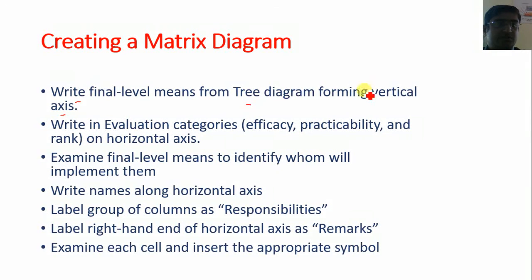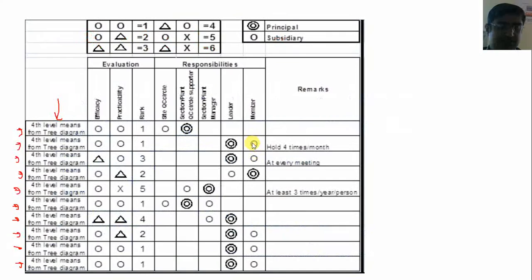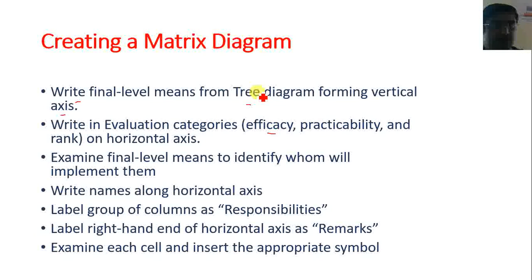Now write the evaluation categories, like efficiency, practicability, and also rank, on the horizontal axis. Also examine the final level means to identify who will implement them, and write their names along the horizontal axis.